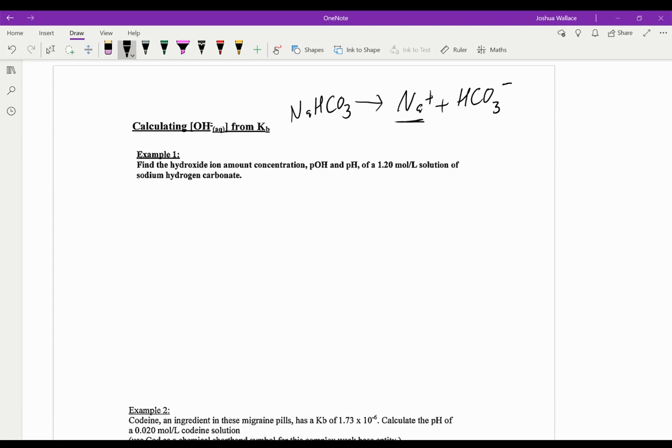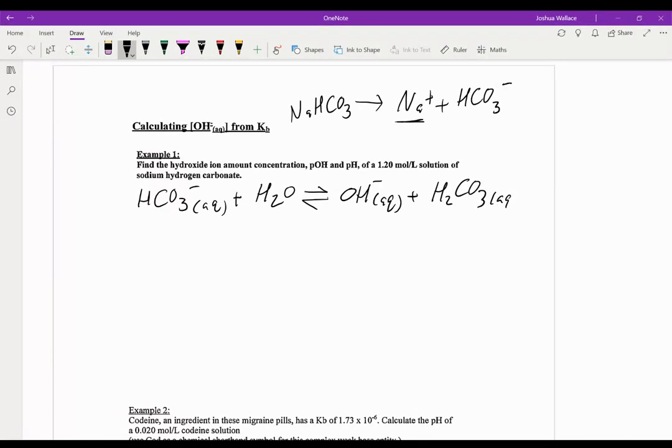Whereas the HCO3-, we're going to take a look at right now, which is HCO3- aqueous plus water will produce OH- aqueous plus H2CO3, which is aqueous. We know my water doesn't have an effect, as I set up my ICE table.